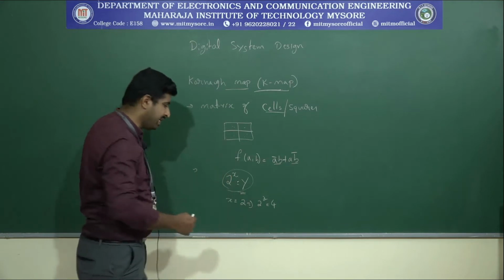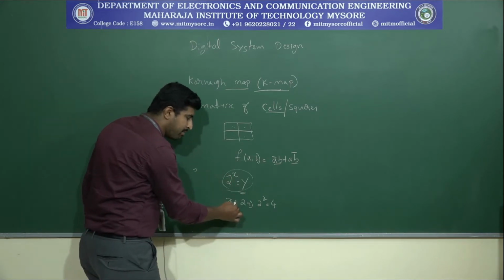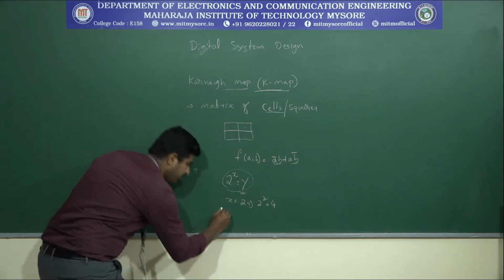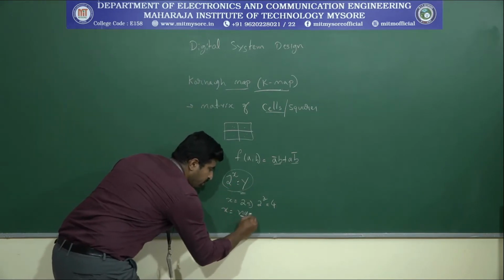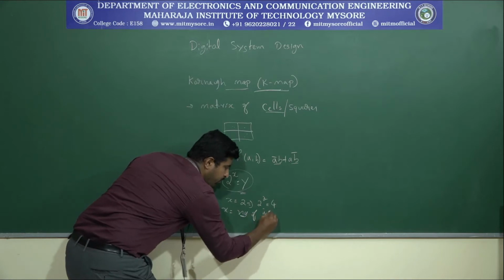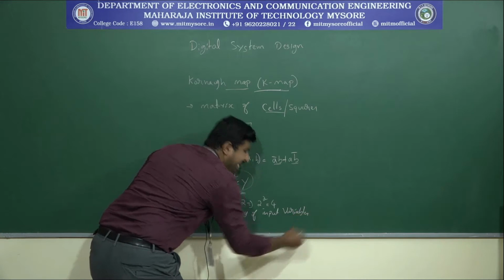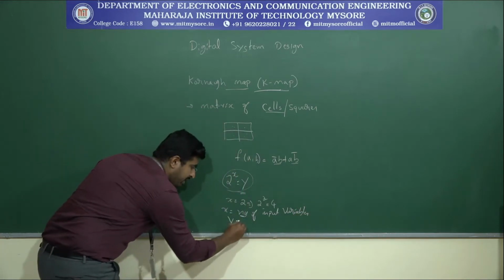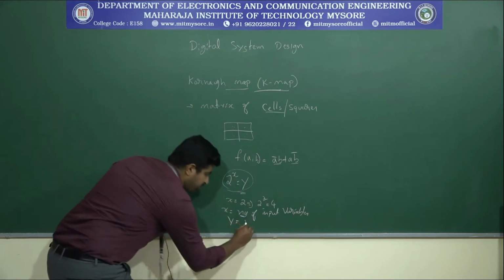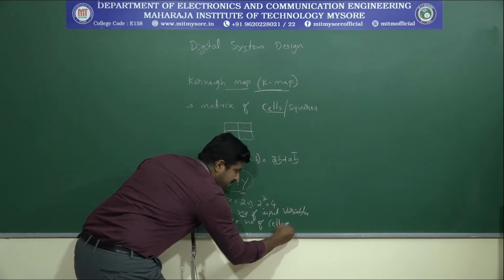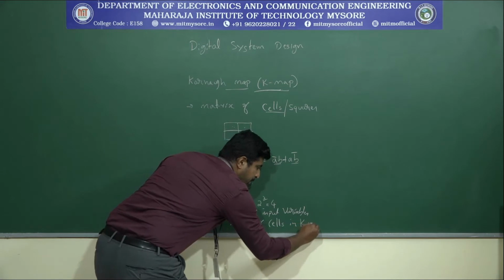Similarly, here x is the number of input variables, or literals, and y corresponds to the number of cells in the K-map.